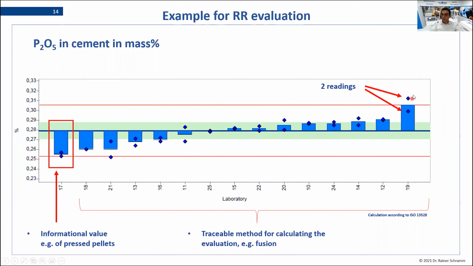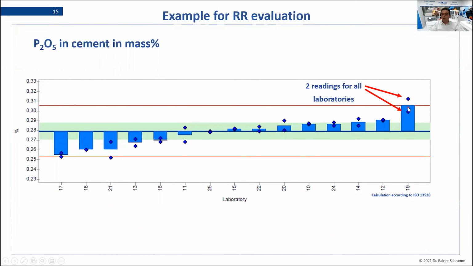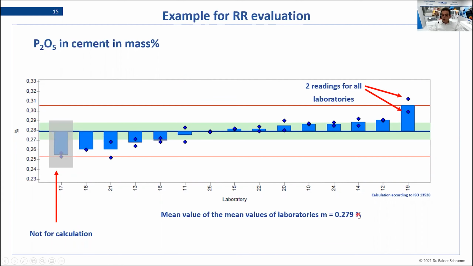Here in this case, it was asked to provide two values for each laboratory to calculate then the mean value of the lab. So this was not used for calculation. And then the first value we establish is the mean value. And the mean value is calculated from the mean values of the single laboratory. And then it's the mean value over all mean values.